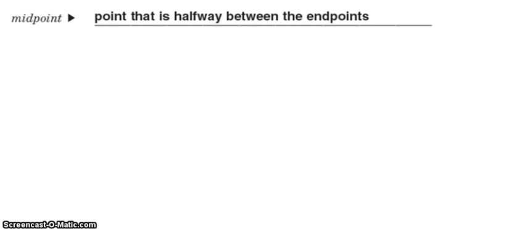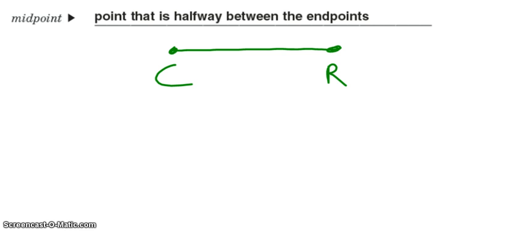Midpoint. A point that is halfway between the endpoints. So if we look at this segment, and let's call it CR, and if this whole distance was 16 inches, the midpoint, the halfway point, will be at 8 inches.